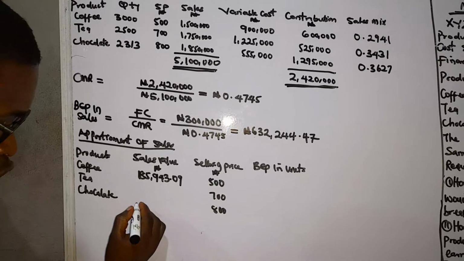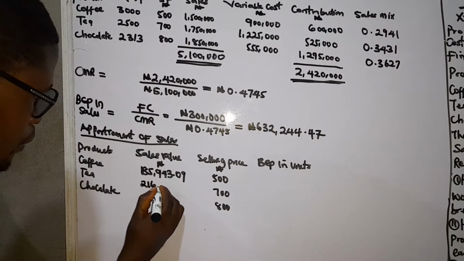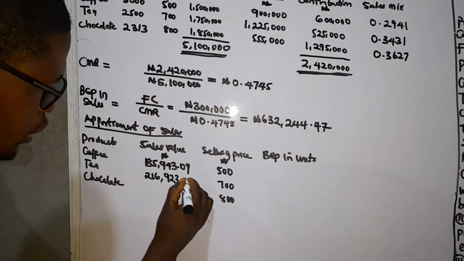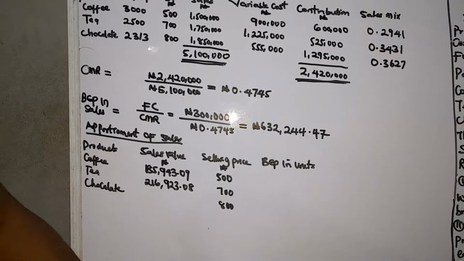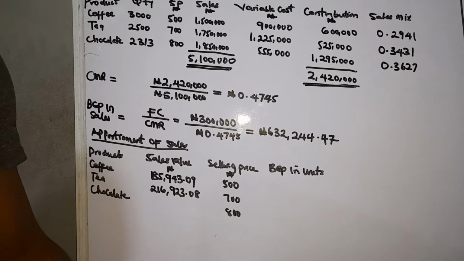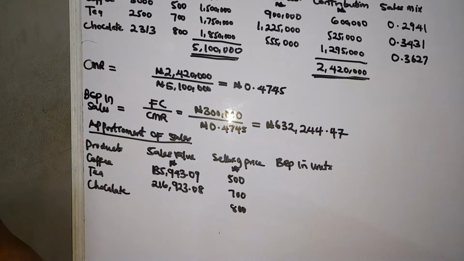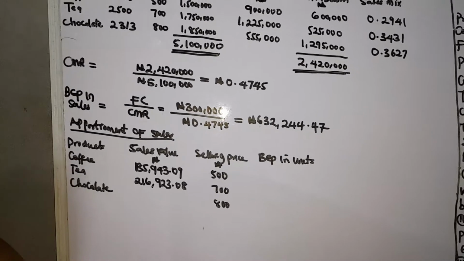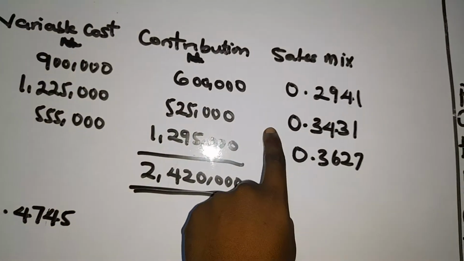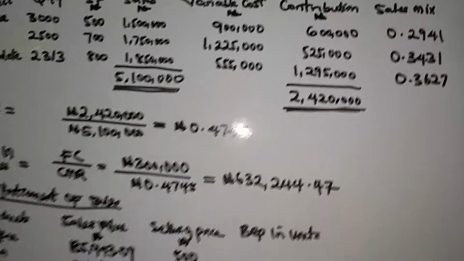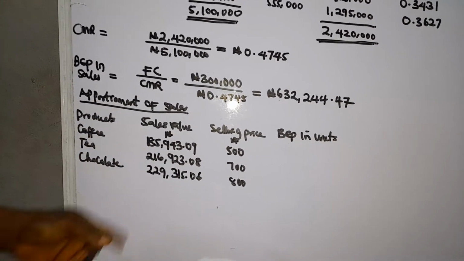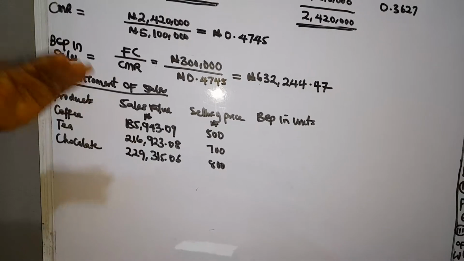So tea will get 216,923.08. Then chocolate is 0.3627 times 632,244.47. So this will give us 229,315.06. So this is the individual break-even point in sales for each product.